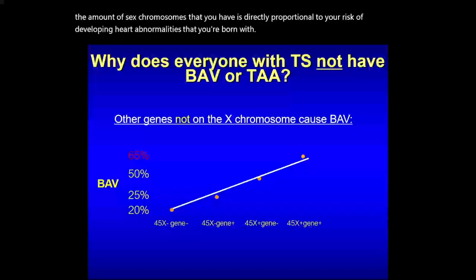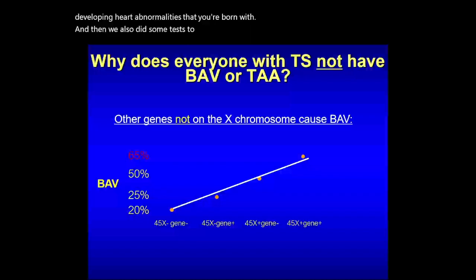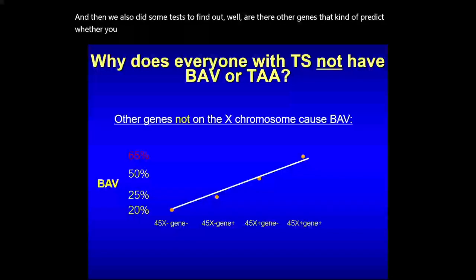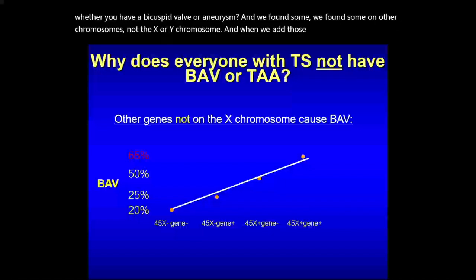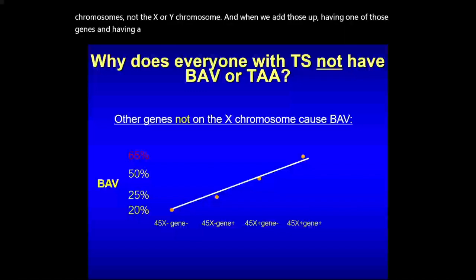And then we also did some tests to find out, well, are there other genes that kind of predict whether you have a bicuspid valve or aneurysm? And we found some. We found some on other chromosomes, not the X or Y chromosome. And when we add those up, having one of those genes and having a 45X karyotype, it kind of adds together.